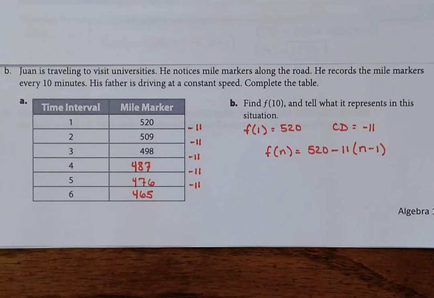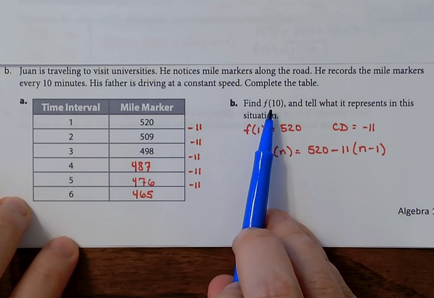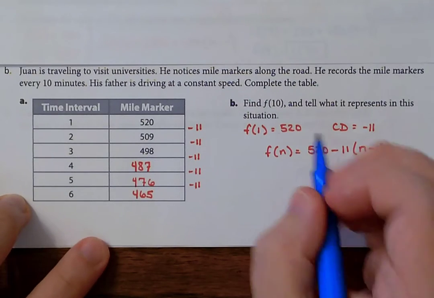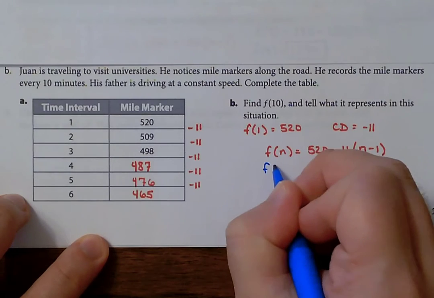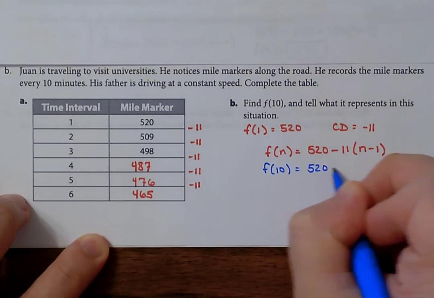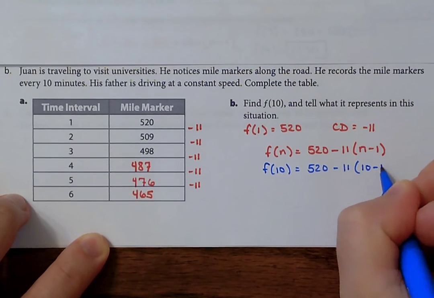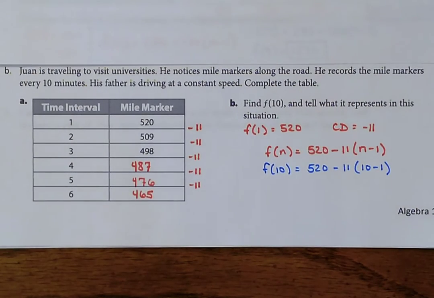Now, the next thing it wants me to do is go through and find the 10th term. So we're going to go through and plug 10 in. So we're going to do f of 10 equals 520 minus 11 times 10 minus 1. So we're going to plug this into our calculator.